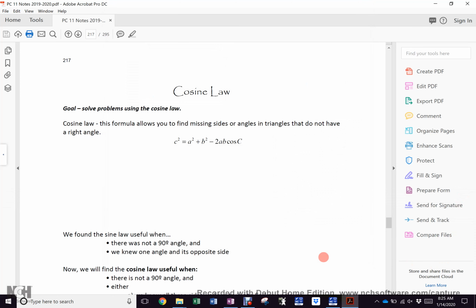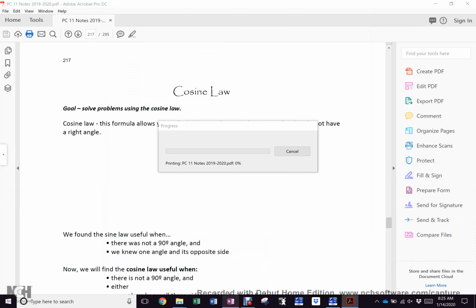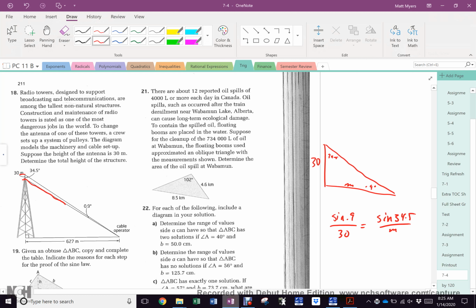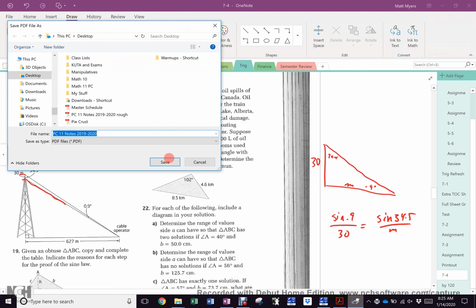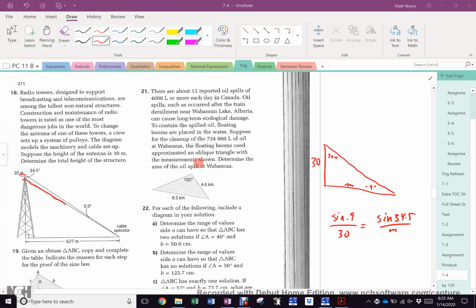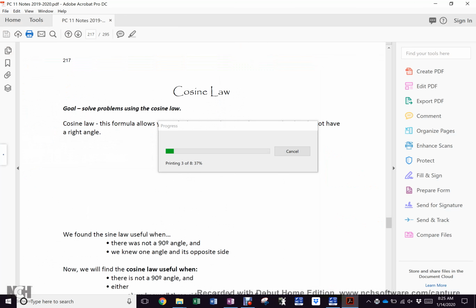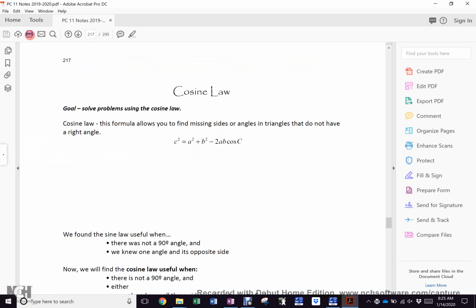No, not the textbook pages, just the notes. Sorry to disappoint. Here we are.